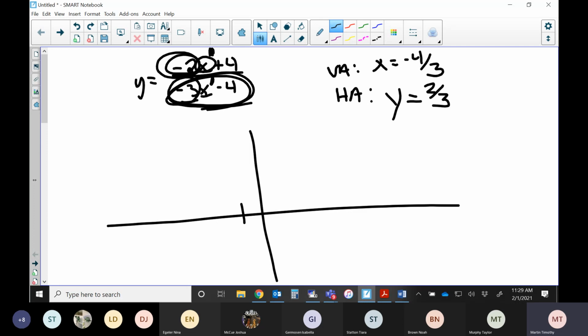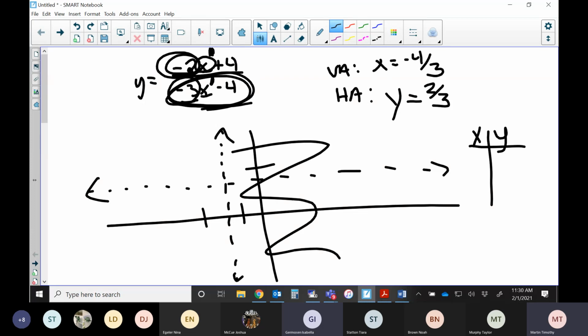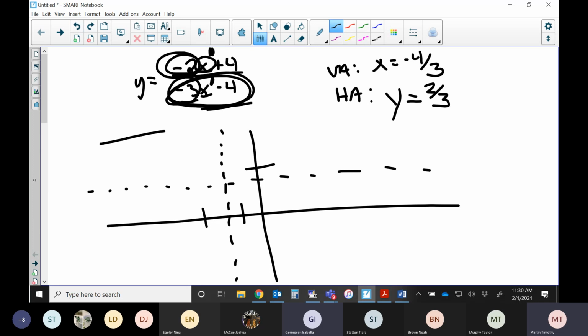-4/3 would be here's -1, here's -2, -4/3 would fall in there. Here's 1, 2/3 would fall somewhere around here. And then I make an X and Y chart. And I now plug in numbers that are on this side of this thing over here. And then after that, I'm going to plug in numbers that are on this side over there.